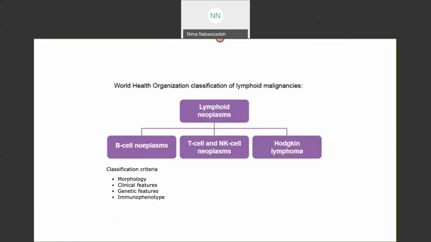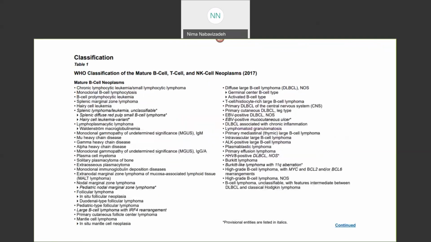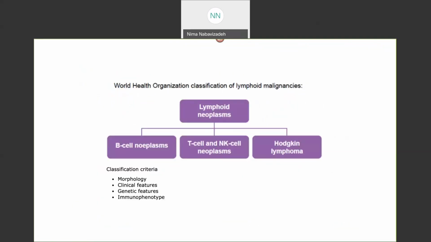So to further simplify this long, exhaustive list, this is a better way of thinking about it. You have lymphoid neoplasms, and these can be split into three different groups. You have your non-Hodgkin's lymphomas, which include both B cell and T cell neoplasms, and you have your Hodgkin lymphomas.